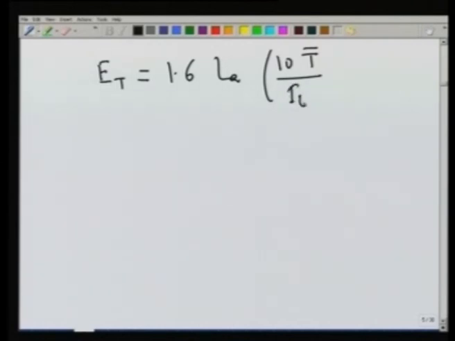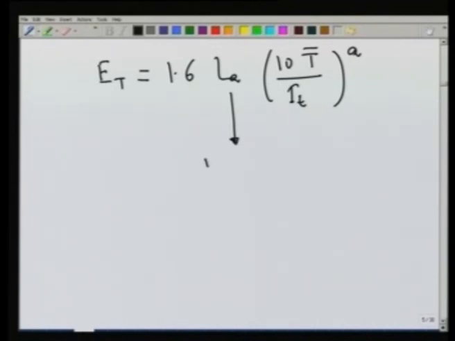The Thornthwaite equation is a similar equation where we have an equation like this: 1.6 L_A times 10 T bar over I_T to the power a. So, this also has a similar kind of form with a lot of these factors.